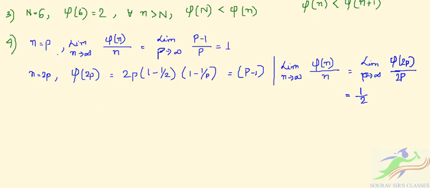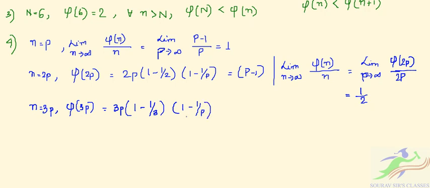Let's check with n equal to 3p. So phi of 3p we have to find, which is 3p times 1 minus 1 by 3 times 1 minus 1 by p. If we simplify it, it will come as 2 times p minus 1.